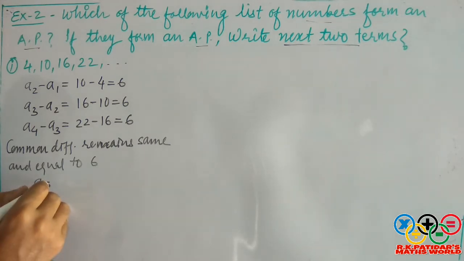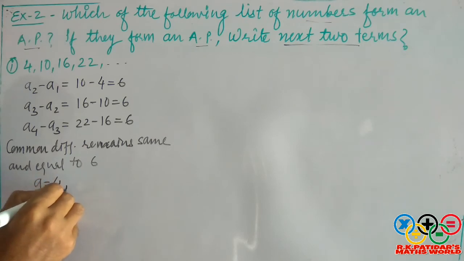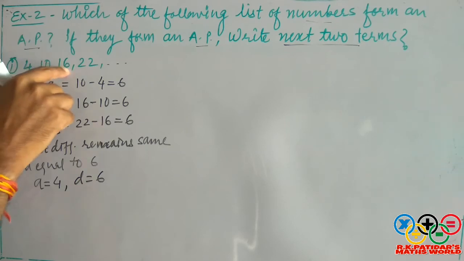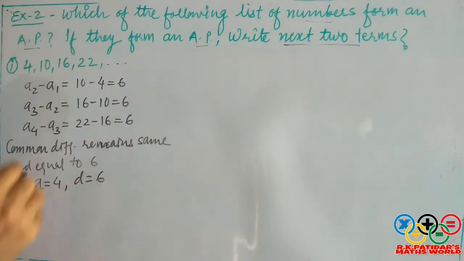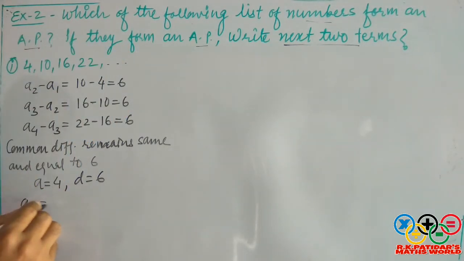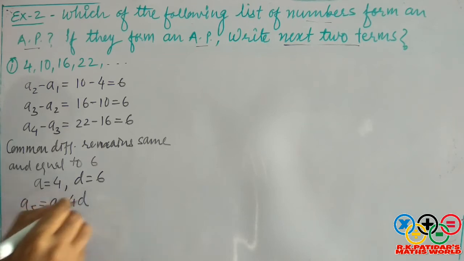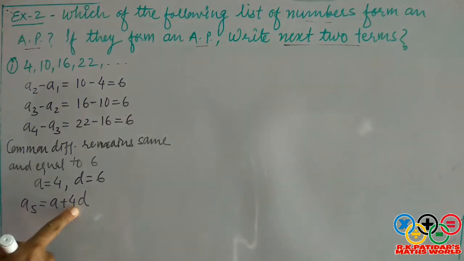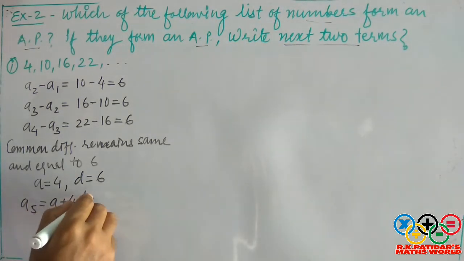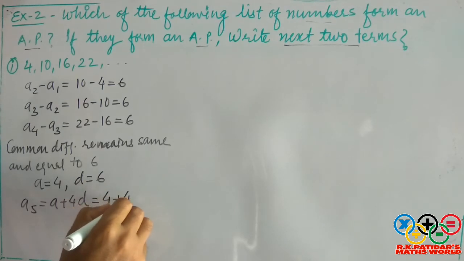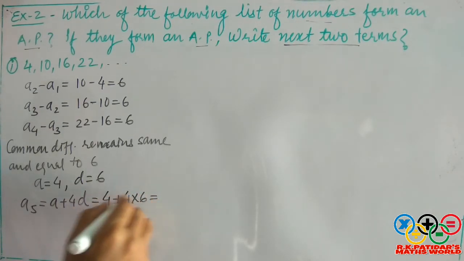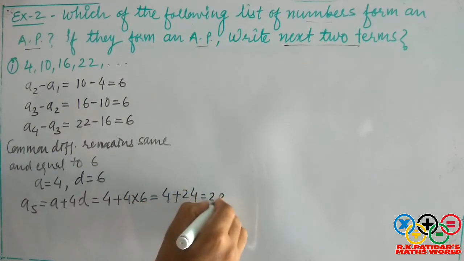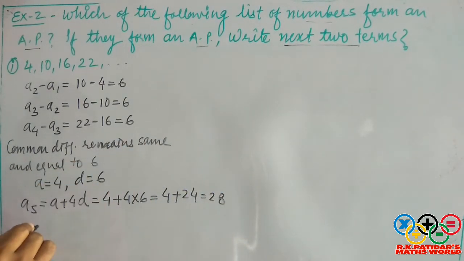A, first term, is 4 here. D we get 6. So this is first term, second, third, fourth. We have to find out fifth and sixth term. So fifth term will be a plus 4d according to formula. Because what is the coefficient of d? 1 less than the number. A is 4, plus 4 into 6. So it is 4 plus 4 6 are 24, that is 28.